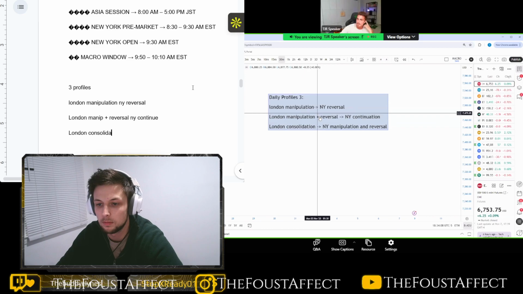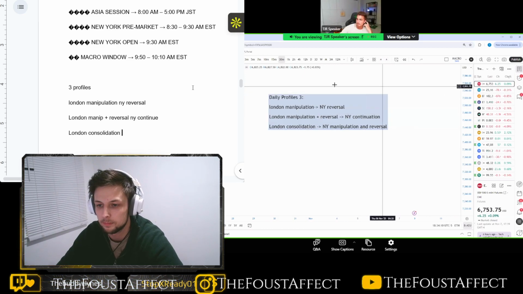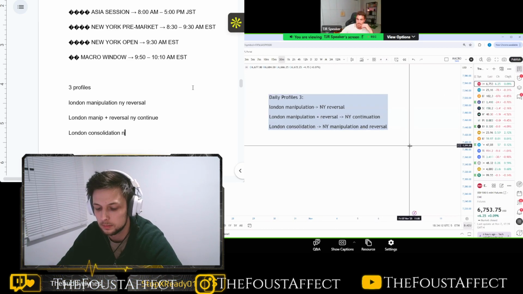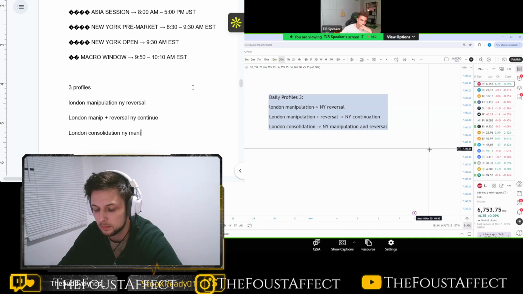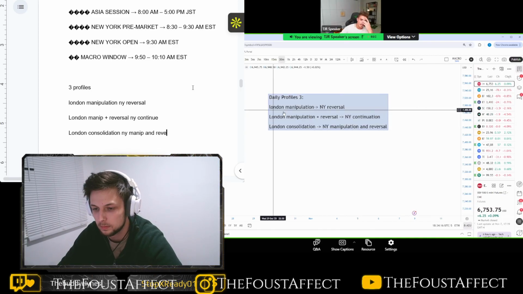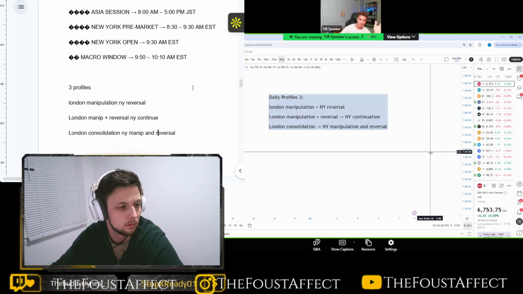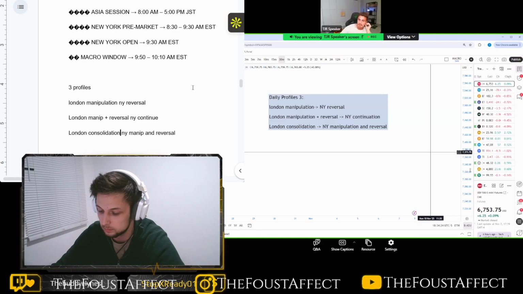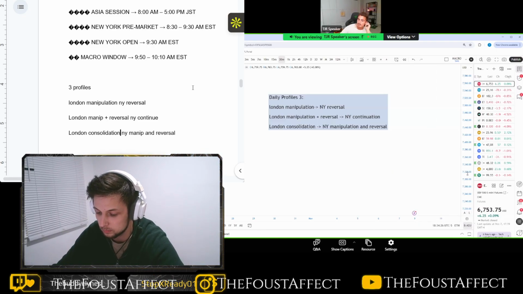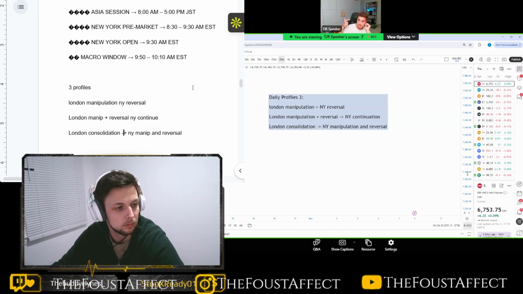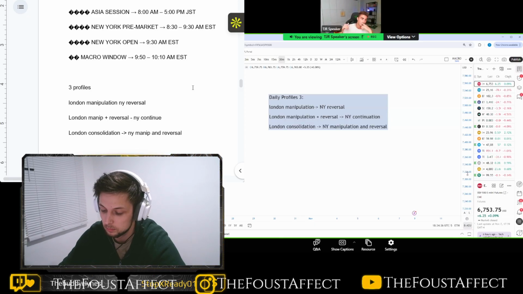And all of this is going to make sense when we start getting into our actual execution and our actual strategy. But again, we're able to identify these profiles by looking for manipulations of our significant draws on liquidity. Our significant draws on liquidity are high time frame highs and lows, previous session highs and lows. I'm going to show you guys how to mark those out.